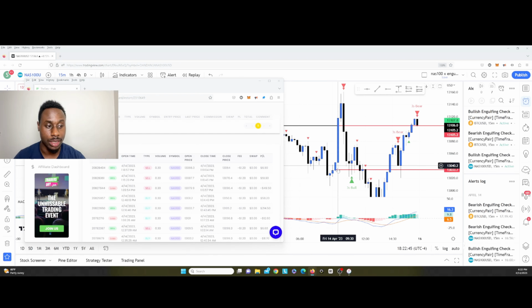I went bullish, and probably my stop loss was just right here. Tight stop loss, you know what I mean? So I entered to the upside with a tight stop loss, and that's what netted me a profit of 214 on that trade, right?